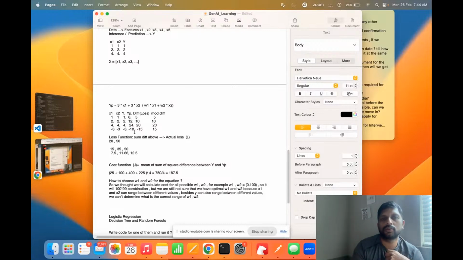This cost function is also the mean square error, MSE, and the absolute error version is the mean absolute error, MAE.